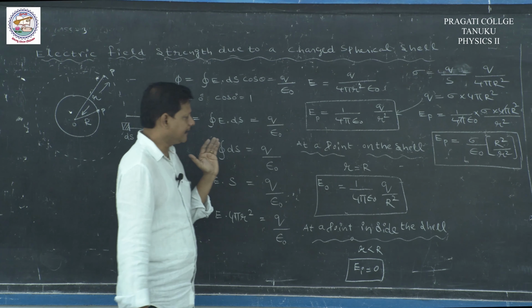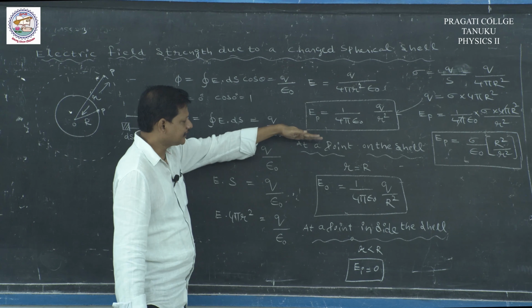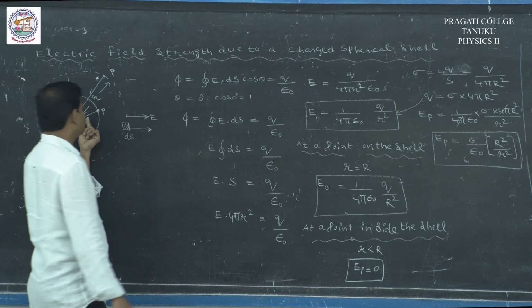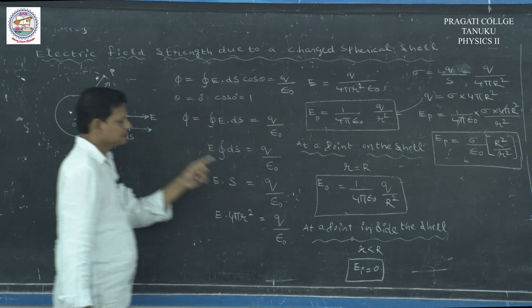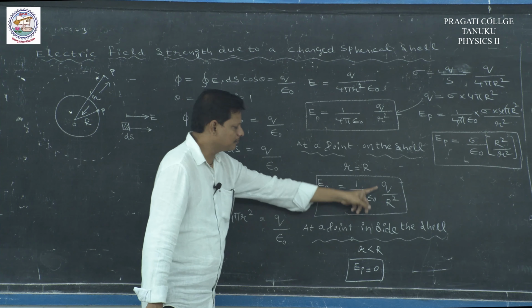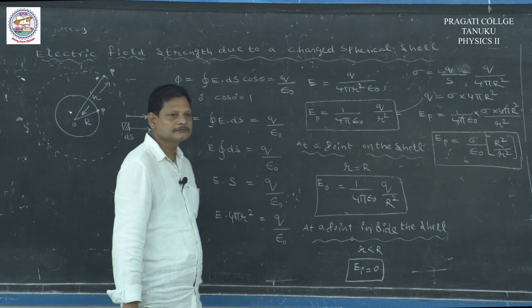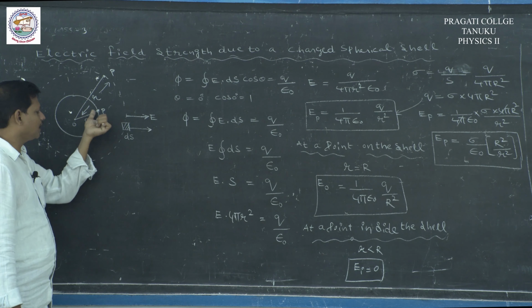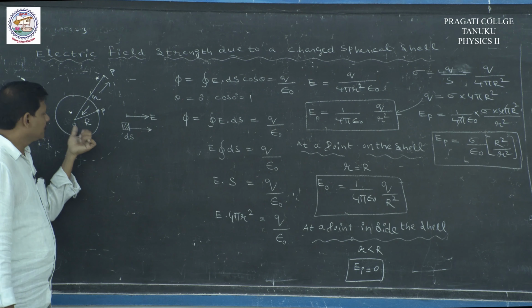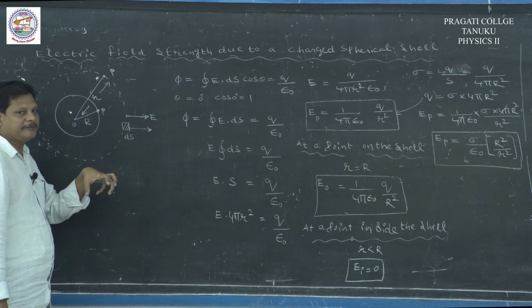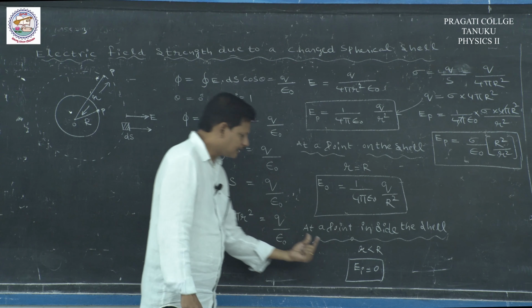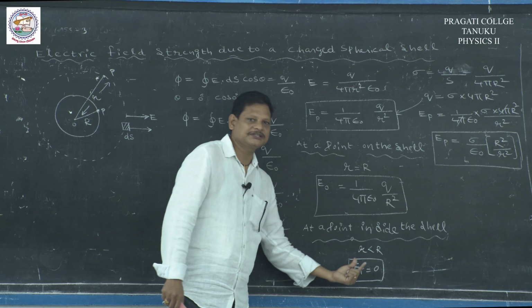Then electric field strength at a point on the shell, where small r equal to capital R, is 1 by 4 pi epsilon naught q by r square. At a point inside the shell, where small r is less than capital R, there are no charges inside the hollow sphere. So, inside the sphere electric field intensity is 0.